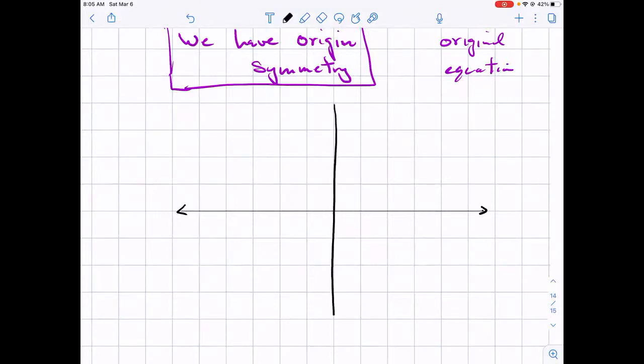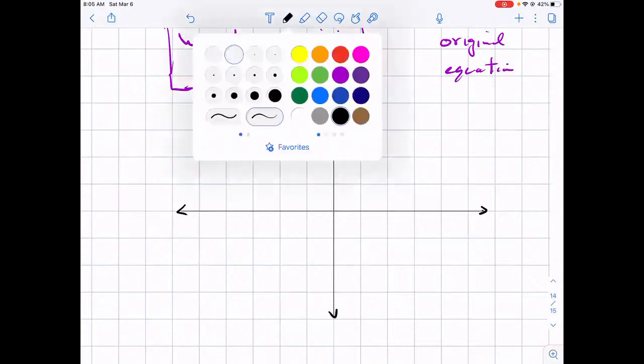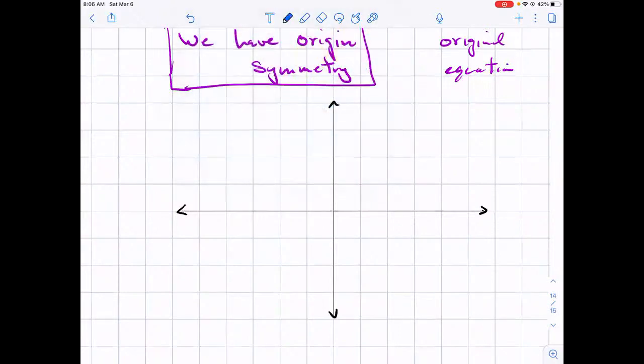So if you graph just one part of it, and let's say this point is 1, 2, then on the other side of the graph, this point here will be minus 1, minus 2.